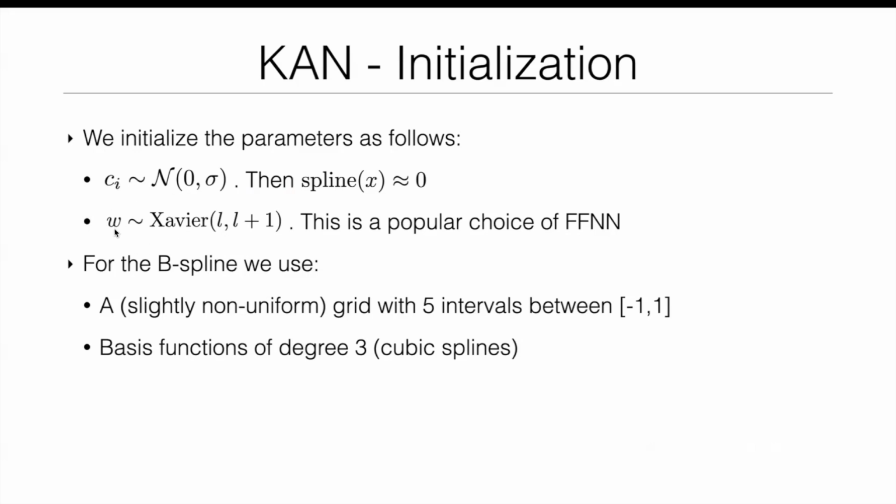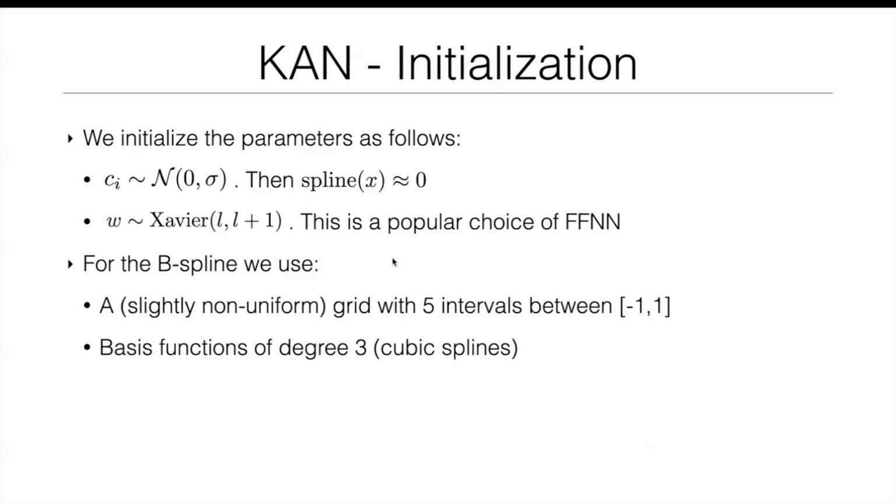And the W's we initialize just as we would initialize standard weights in a neural network. In this case, we chose Xavier initialization, which is also just populating them from some random distribution.